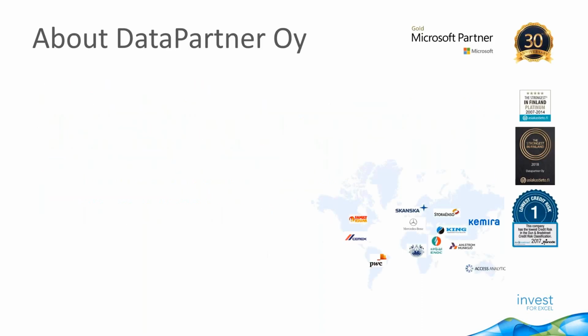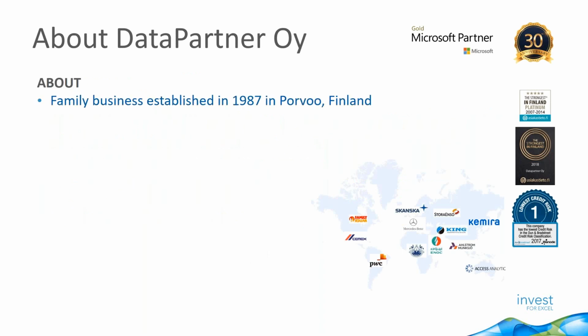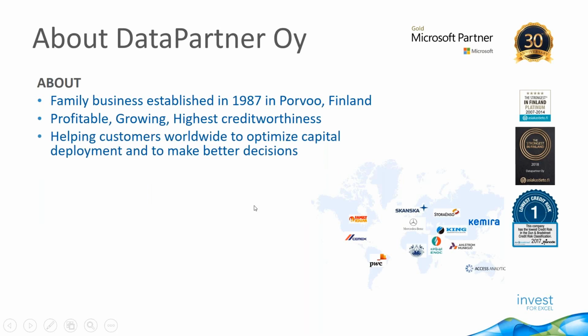Okay, so let's get started. First, some words about Data Partner. We are a family business established in 1987, so we've been 31 years in business, and we are located in southern Finland in Porvoo, where the star is. And we have been focusing on software for capital budgeting, financial modeling and valuation, and we have customers worldwide, so we help them optimize capital deployment and to make better decisions.